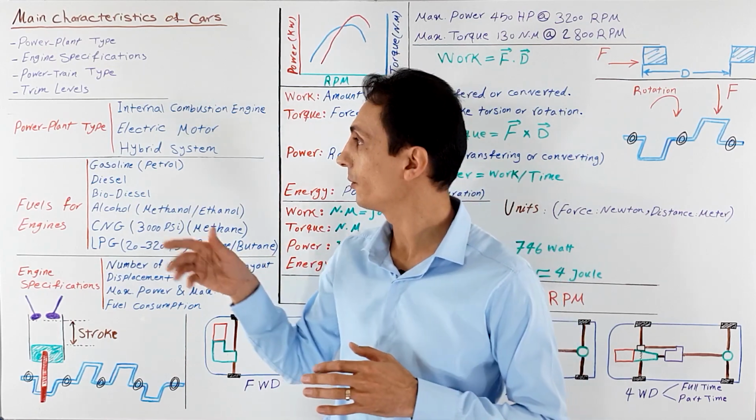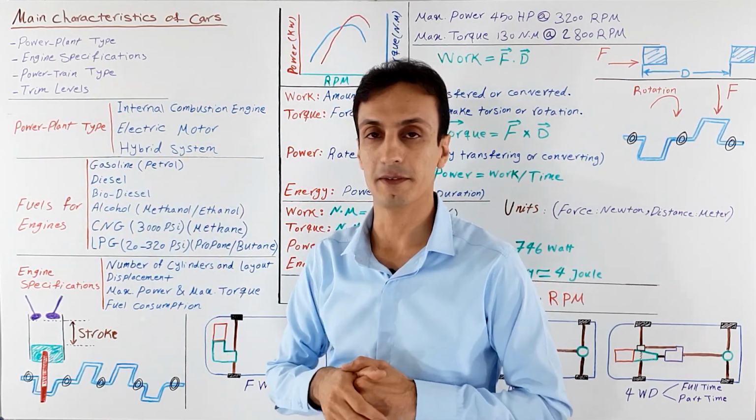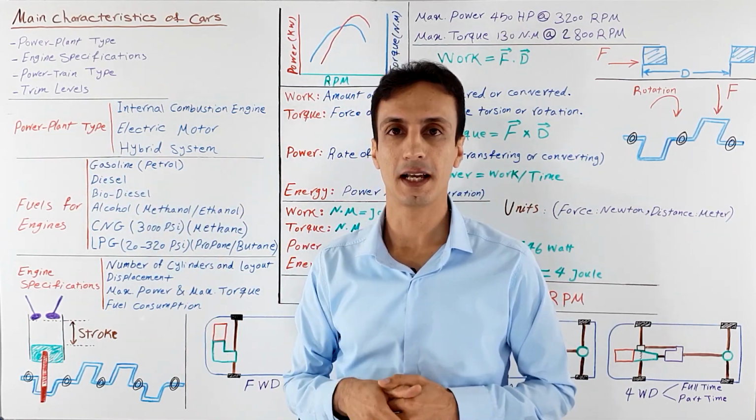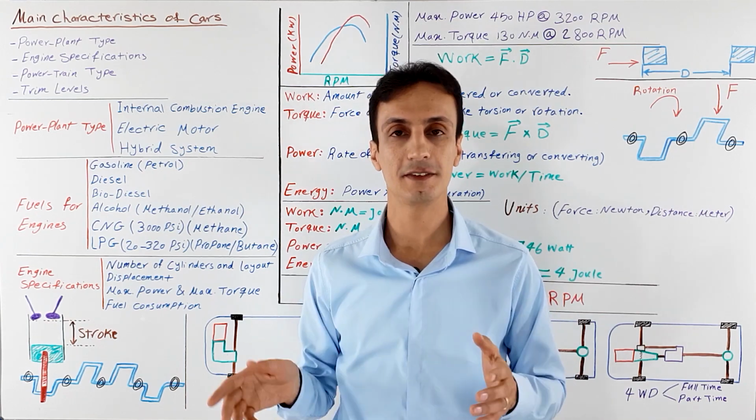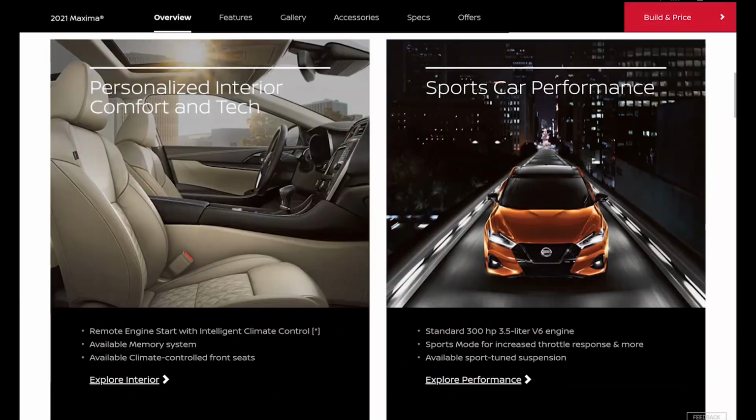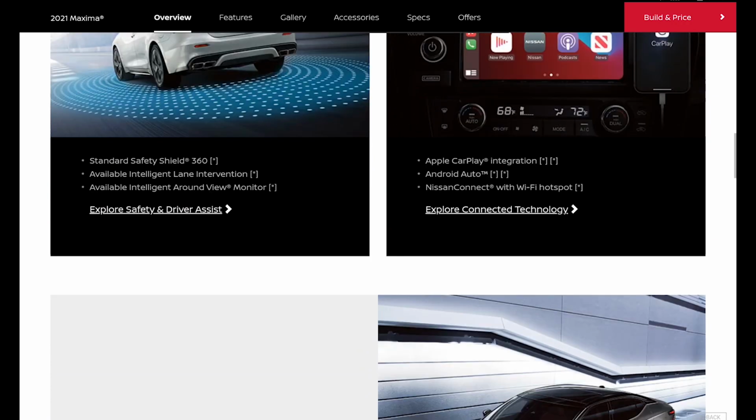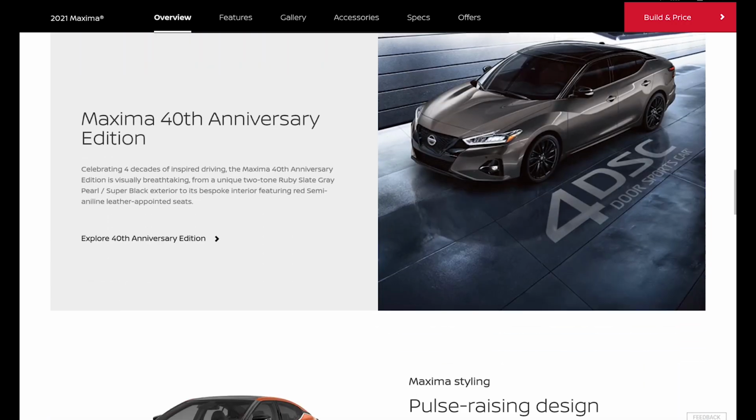Okay, the last thing that I want to talk about today is trim level. What is a car trim level, why is it important, and what is the difference between different trim levels? The answer to the last question is that different trim levels match different tastes.